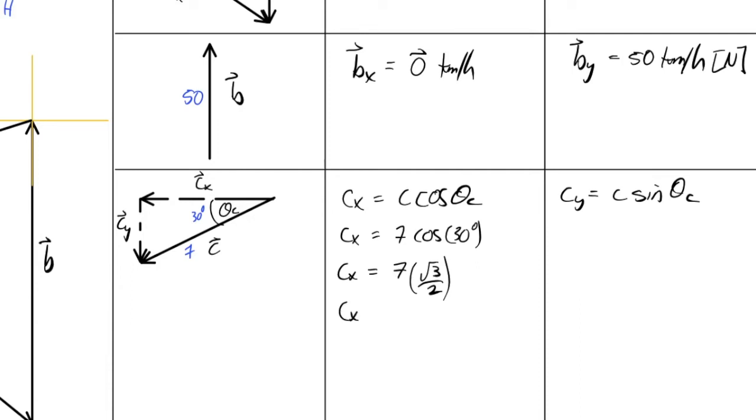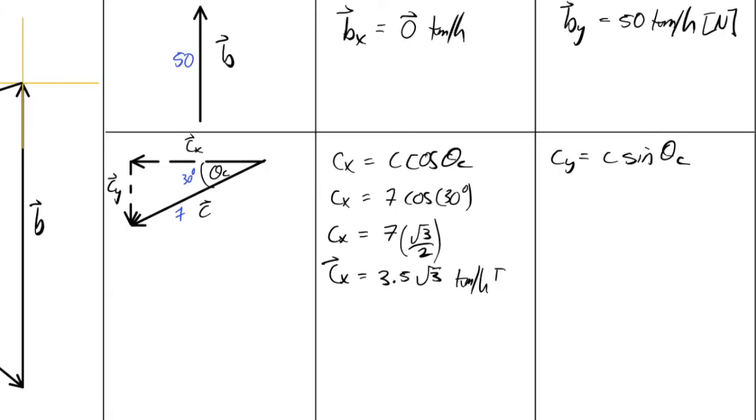Leaving it like this, and this is a judgment call, leaving it as a fraction is harder to substitute in, but also 7 doesn't divide evenly by 2. You don't have to round it, though, because 7 divided by 2 is 3.5, so that's a reasonable amount. So this gives us 3.5 root 3, and now we can report the direction, which is west.